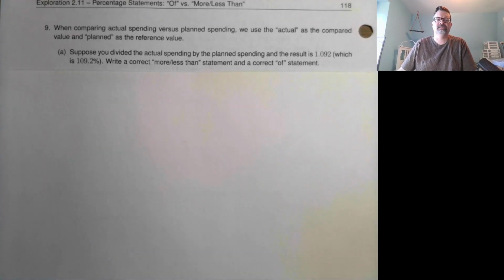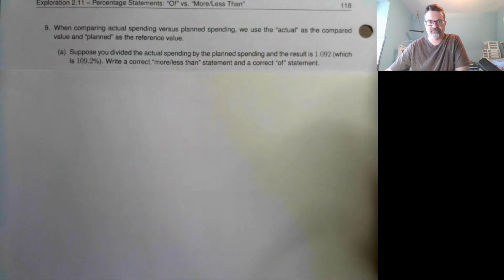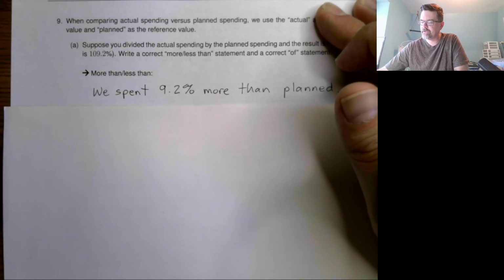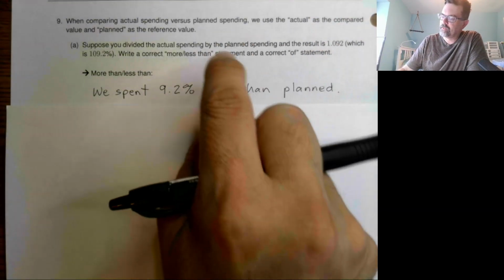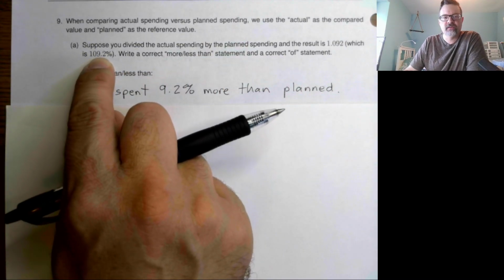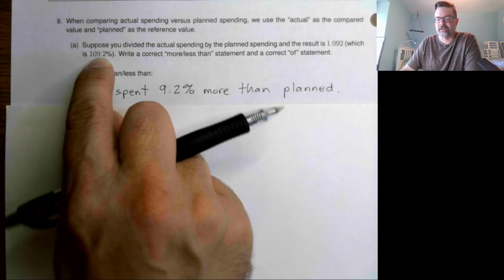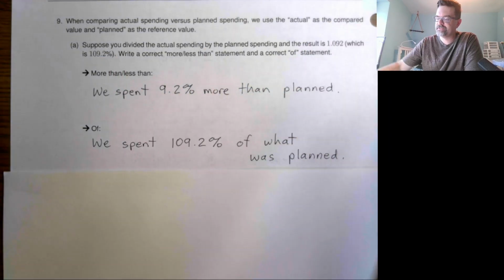All right, so in this situation, what we actually spent versus what we planned to spend, we did the division and we got 1.092, 109.2%. So what are the correct statements? One with of, one with more or less than. Well, the 109.2%, that's technically what we would see for the of statement.